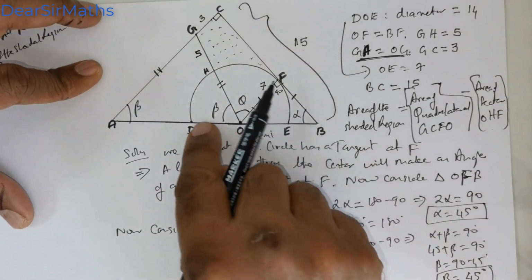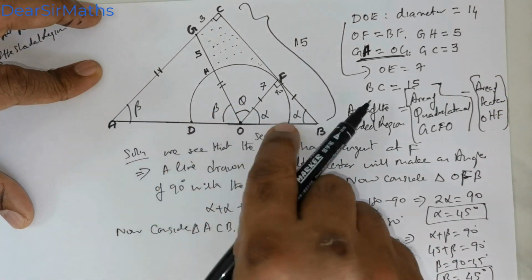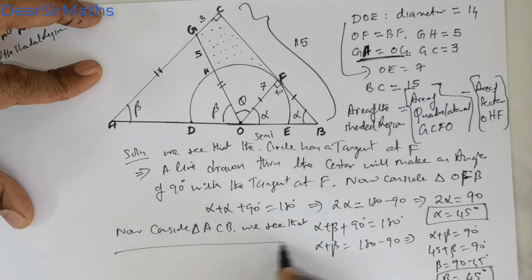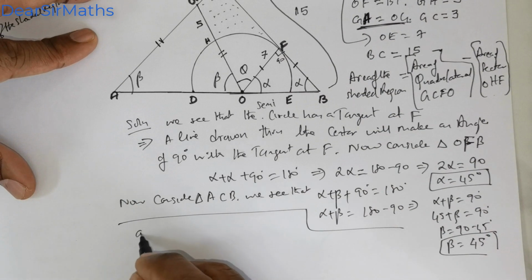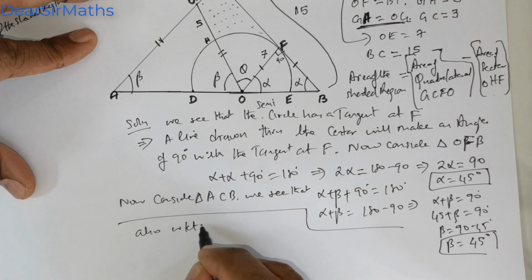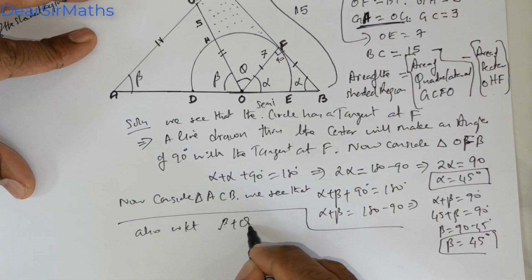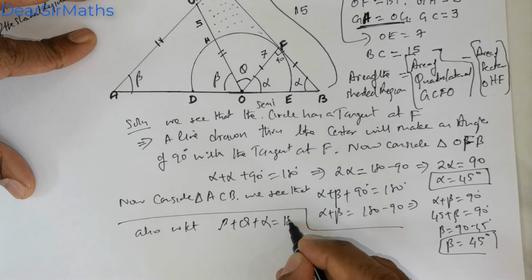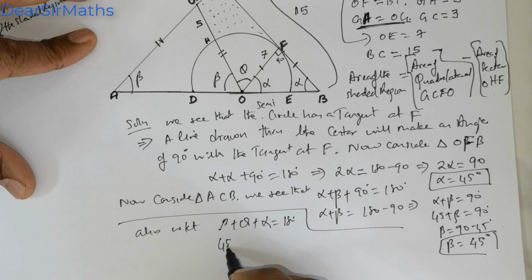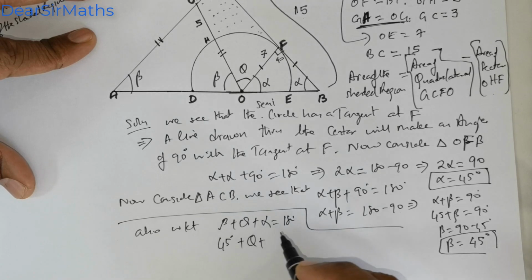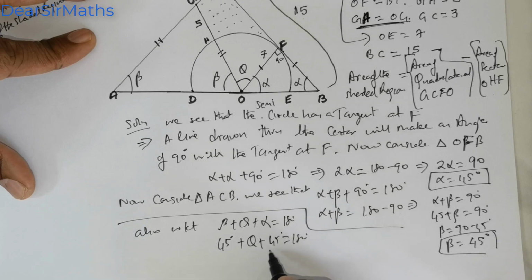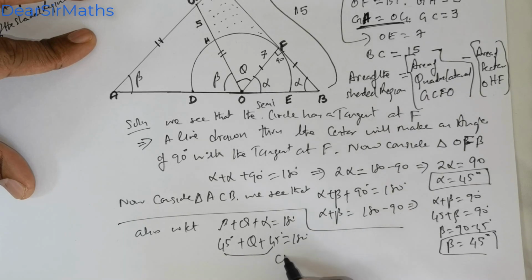Now you consider this region. What is this? This entire angle, this sum, right, will be what? Also we know that beta plus theta plus alpha, this entire angle is going to be equal to 180. We know beta is 45, alpha is 45, you got the theta there, you got 180, this is going to be 90.